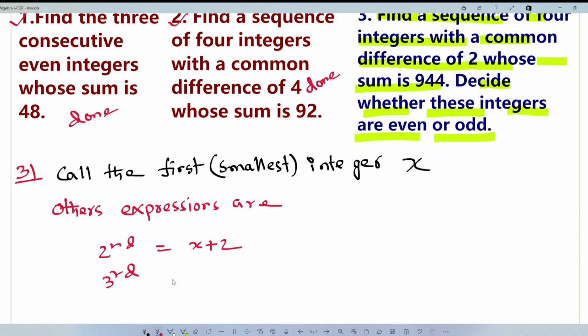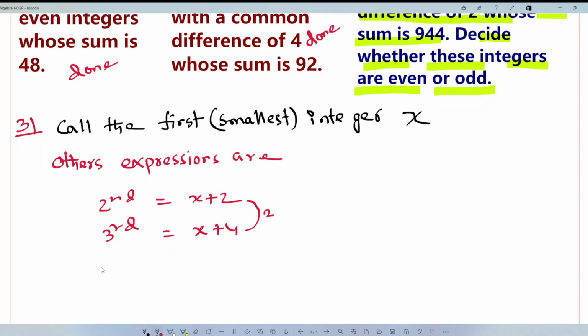Third should be x plus 4, because once we subtract this one, the difference should be 2, right? Again, fourth should be x plus 6, and all the integers' summation is 944.